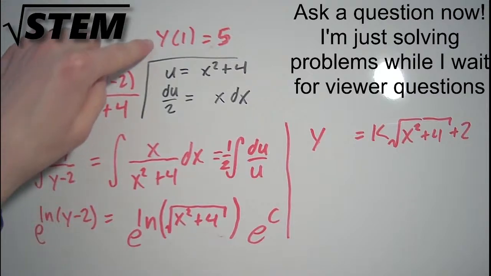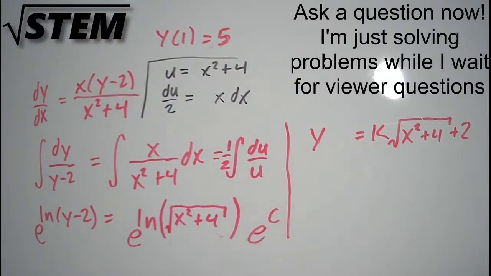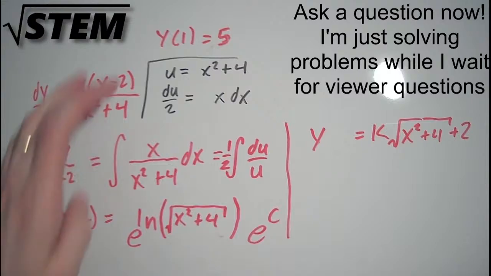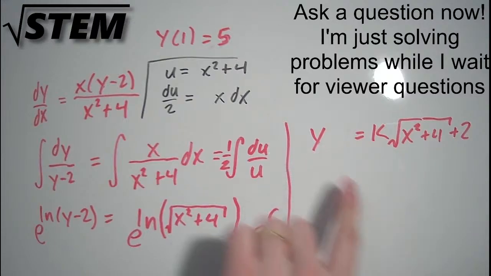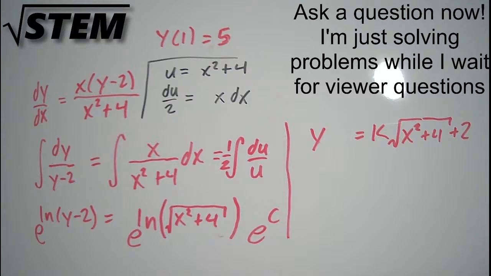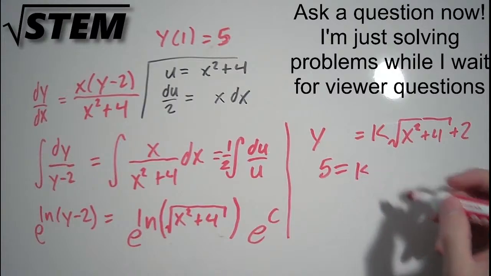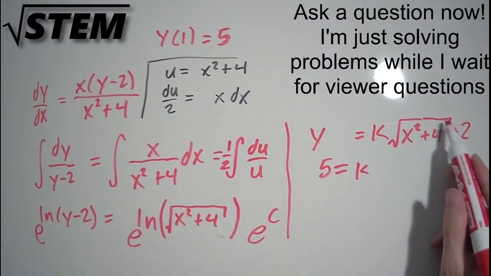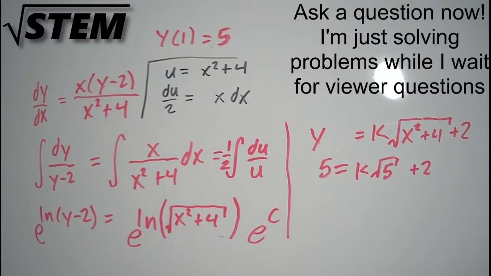And now, since we have this initial condition, we can actually solve to find that k. So this says when x equals 1, we'll plug in 1 right there, y is going to be equal to 5. So we know that 5 equals k times, if x is 1, this will be the square root of 5 plus 2. So let's subtract that 2 again.